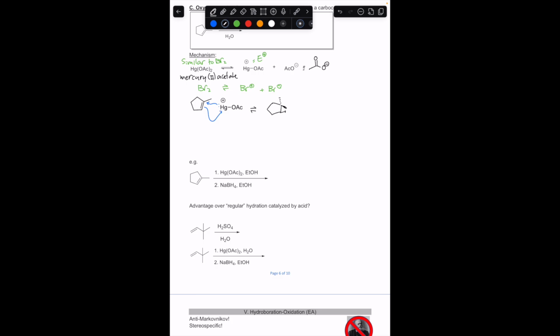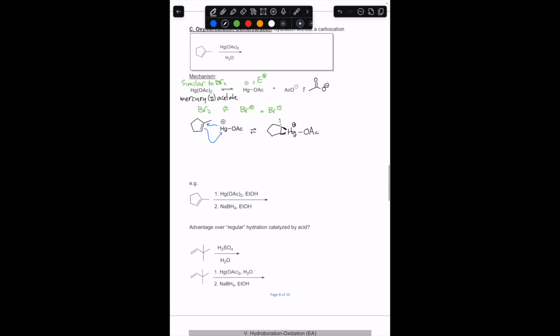This time let's pretend that this came from the front face, like so. The mercury didn't really gain or lose electrons because it gave 2 and gained 2, so it still has a positive charge on it.